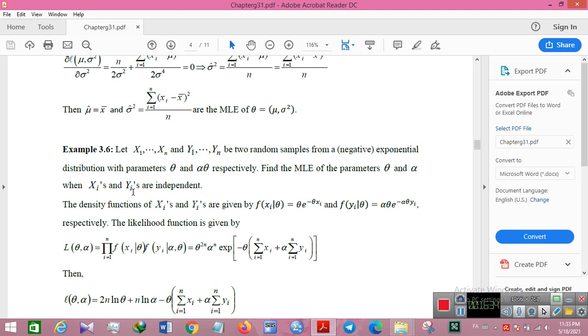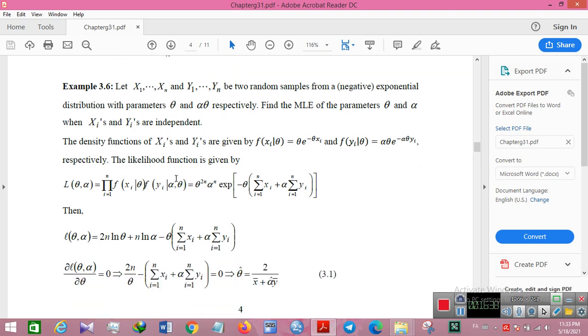The two lines are independent, so the density of xi and yi is given by that one, and the likelihood is the product of f(xi, theta) and f(yi, theta), because xi and yi are independent.